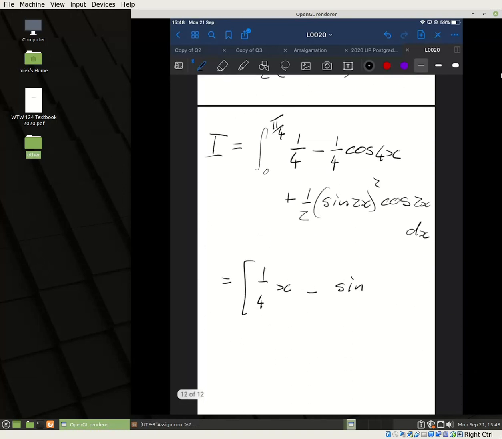Sorry about that. Okay, if we integrate that, that becomes minus sine 4x over 16, because the derivative of sine gives us the cosine, and by the chain rule we end up with this factor of 4 here, which will cancel with one of the 4's, so that is a factor of 16.